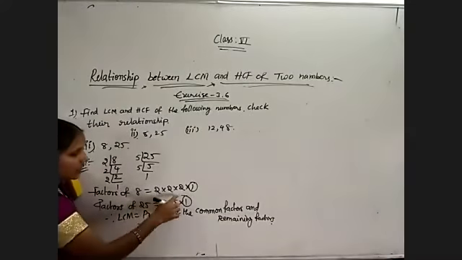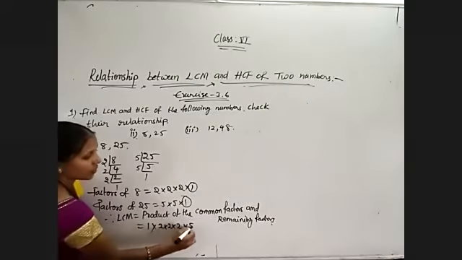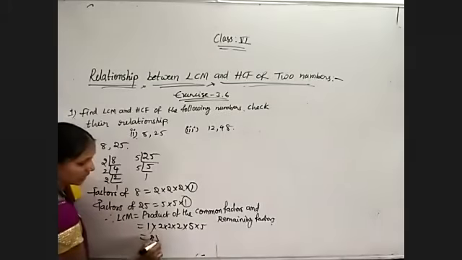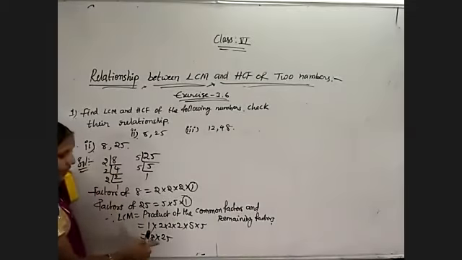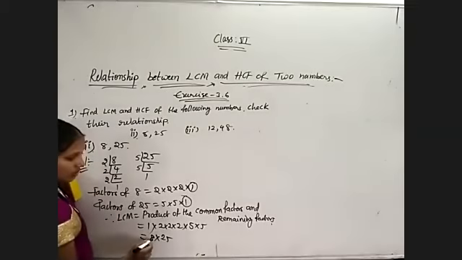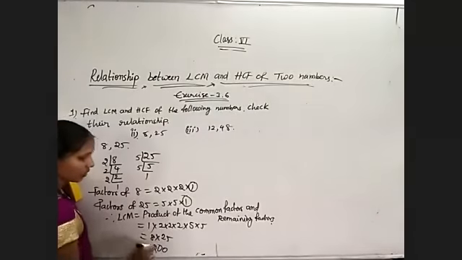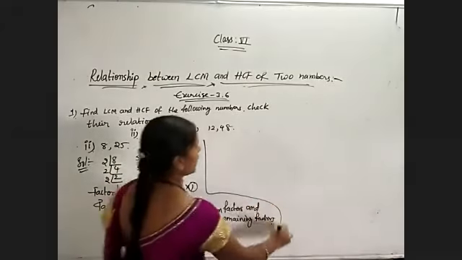Remaining factors in the first number is 2 into 2 into 2, and in the second number 5 into 5. So observe, 2 2s are 4, 4 2s are 8, into 5 5s are 25. 8 into 25: 25 8s are 200. See, 8 5s are 40, 8 2s are 16, 16 plus 4 is 20. 200, we got the LCM.